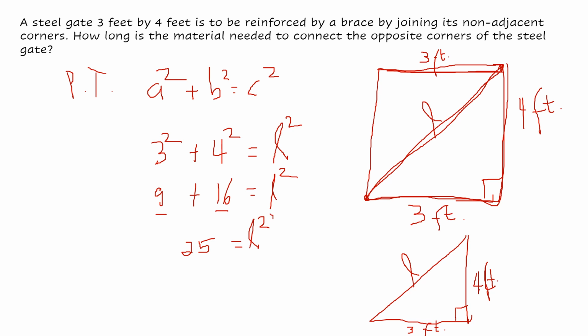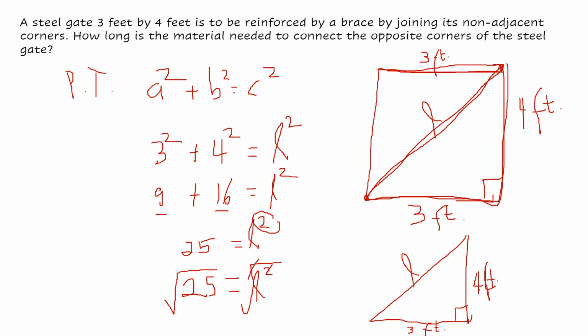Then eliminating the square exponent of L, so you get L only without the exponent square. You extract the square root of both sides. So you can cancel out the square root and the square.